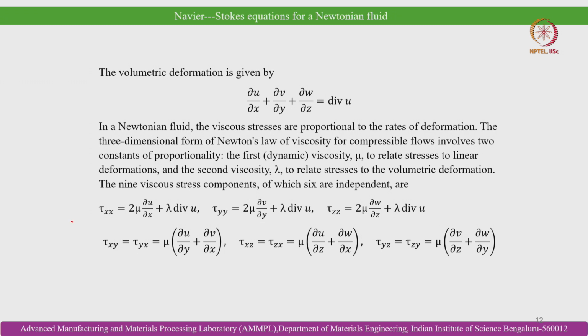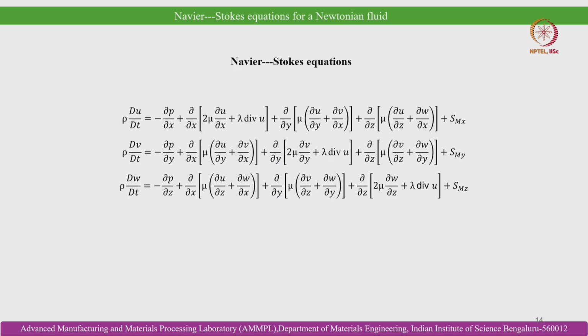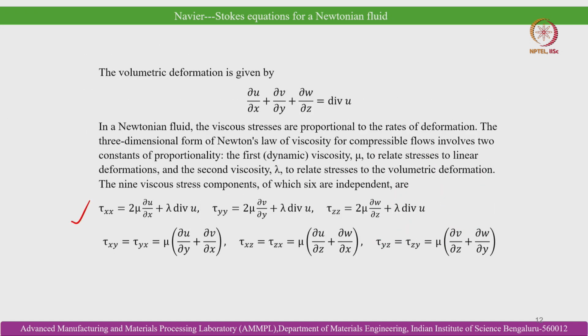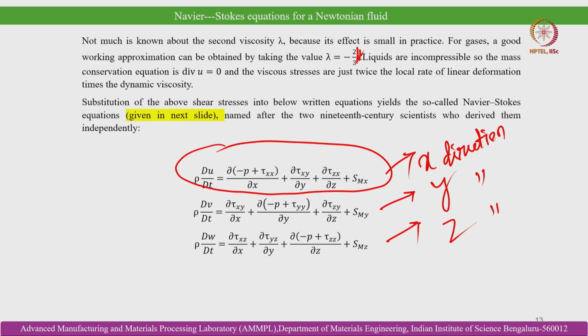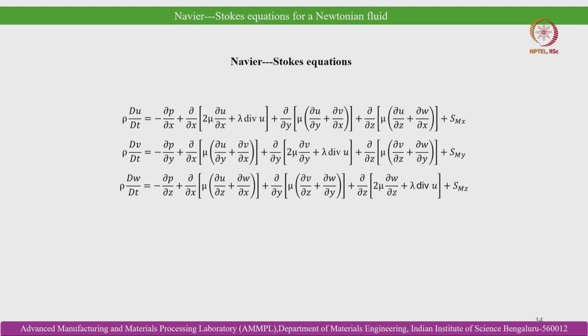The values for tau xx, tau yy, tau zz, tau xy, tau xz and tau yz are introduced, and the equation takes the following form. Rho Du/Dt is equal to minus ∂p/∂x plus ∂/∂x of (2 mu ∂u/∂x plus delta div u), because we have written that tau xx is equal to 2 mu ∂u/∂x plus delta div u.